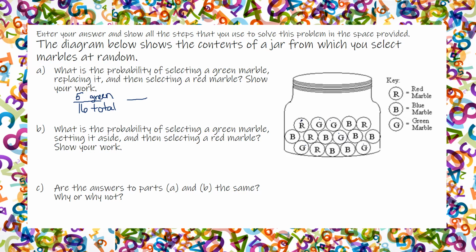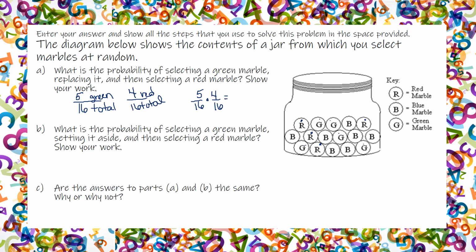So there's 1, 2, 3, 4 chances of getting a red marble out of those 16 because I put them back. Okay, so now because it is 2 independent events, I'm going to multiply those together to find out the probability of getting those 2 events in order.